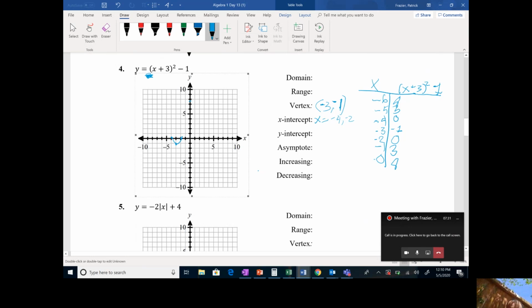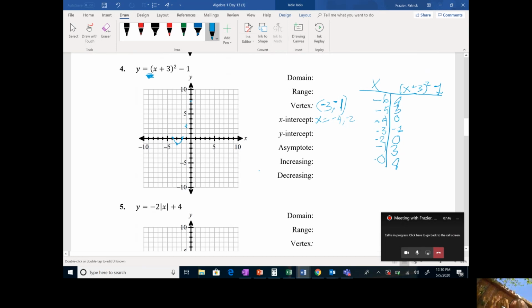So let's see, we haven't plotted -1 and 3 yet. So when x equals -1, 1, 2, 3, over here. And then -5.